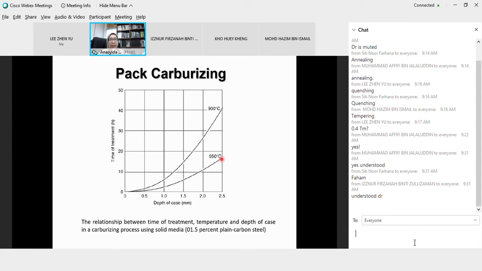If you use a higher temperature, you can get a case depth of 2.5, meaning the hardened distance is larger, in a shorter time of about 15 hours, right? If you want the same case depth at 900, you have to heat for 40 hours. So it depends on the temperature you select.